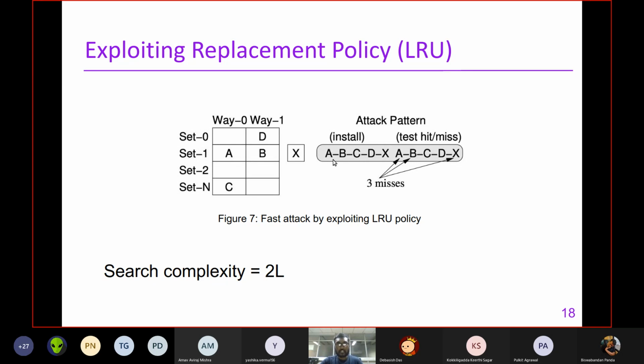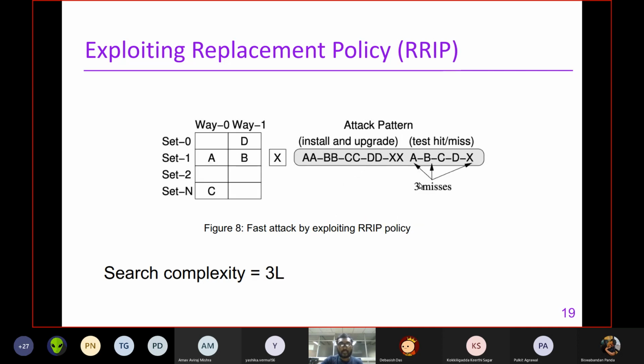If we know that there is an eviction set inside this conflicting list, then we just access it again, and we know for sure that first A will miss because X has already replaced A, and then B will also miss, and then X will also miss. So with only 12 accesses, we can find the eviction set if we know that the policy is LRU.